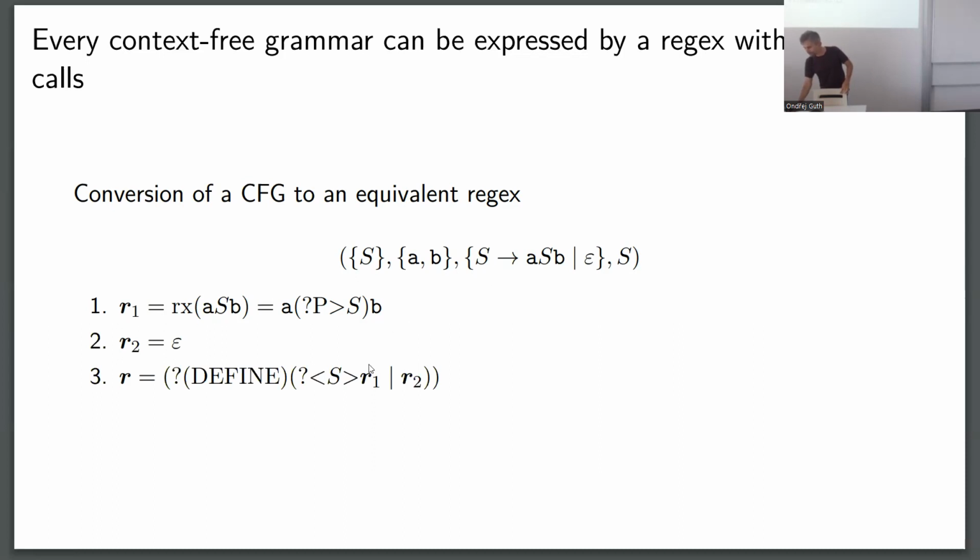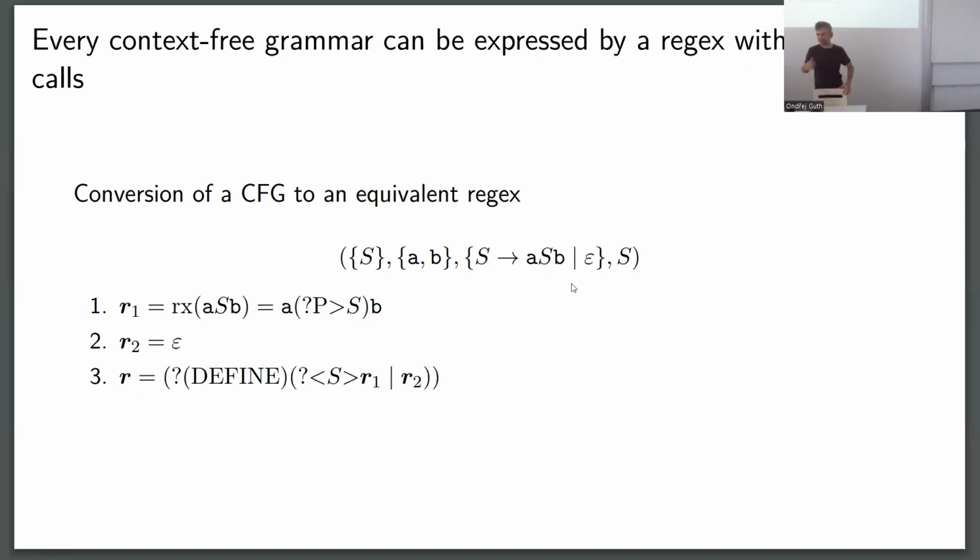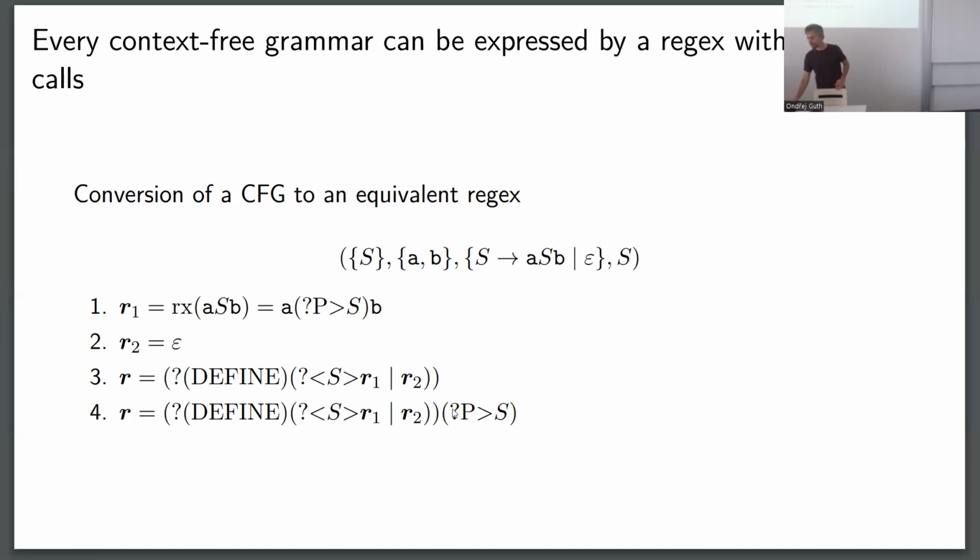We create a named group named S, where the contents of the named group is the alternatives of the right-hand sides of the rules, just that. And of course, finally, this expression would do nothing because the defined rule doesn't match anything. So of course we need to start it. We start with the initial non-terminal of the grammar.